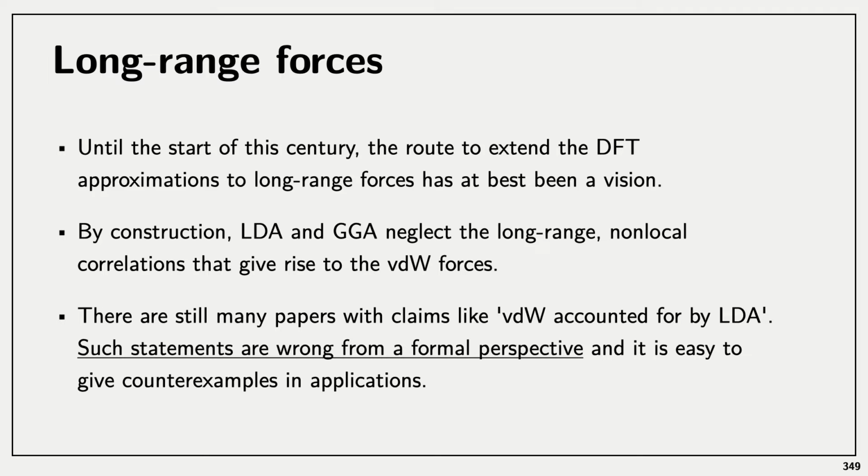It looks like van der Waals interactions are included, but it's a good result that comes for a completely wrong reason. There is no van der Waals in LDA. If you do GGA with the two layers of graphene, the stable position is infinitely far away from each other.